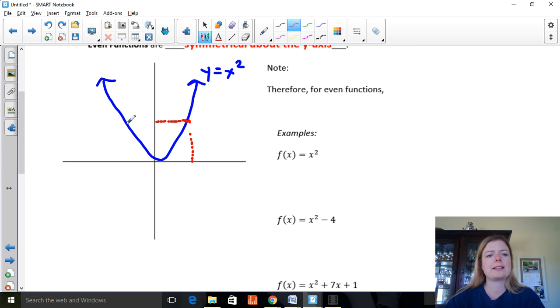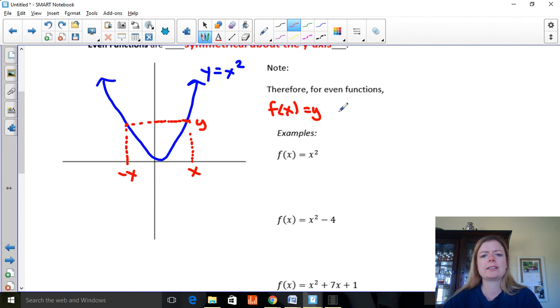And then if you put in that same value on the negative side, you'll also get up to the same y. So x gives you y, and negative x gives you that same y. Therefore, f at x is equal to y, and f at negative x is also equal to y. So f at x is just equal to f at negative x.